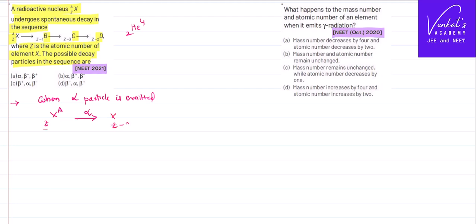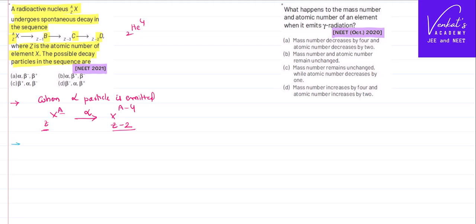As 2 protons are lost from the given nucleus, Z becomes Z minus 2. And A is the mass number. As 2 protons and 2 neutrons are lost, a total mass of approximately 4 is lost, assuming that the mass of the neutron and proton is approximately the same. This is what happens when an alpha particle is emitted.